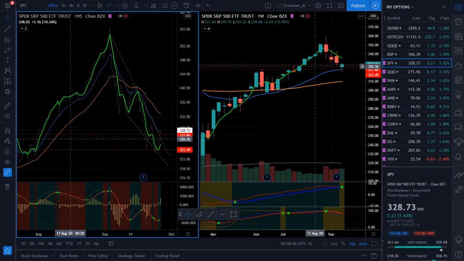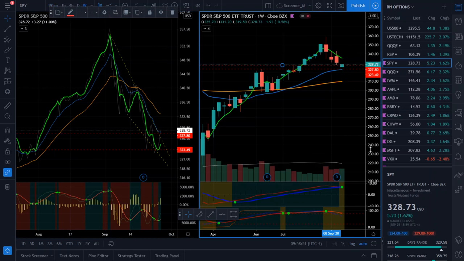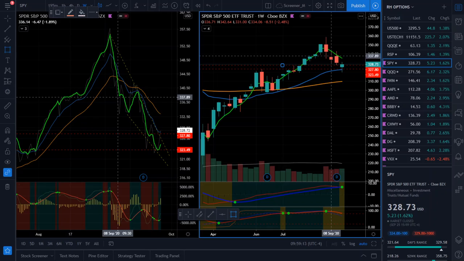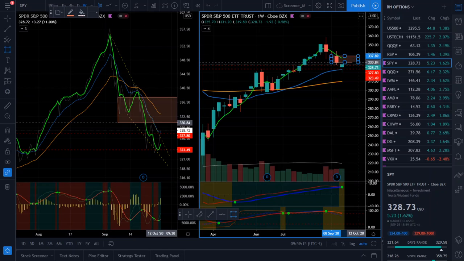What I do in the weekly chart is look at where the trend is. Now this is the zero lag on the weekly, the green line, and for the downtrend, I use the last red candle. Right, so I'm going to just draw a box around it. So, this is my box.